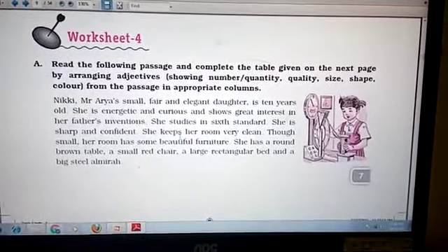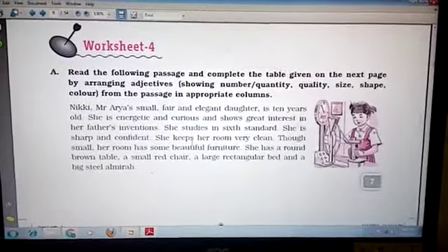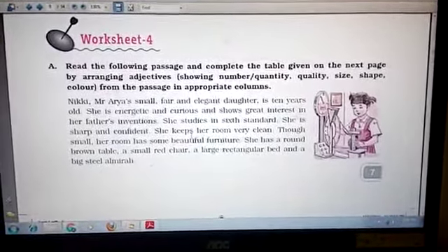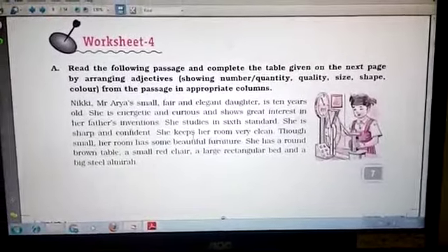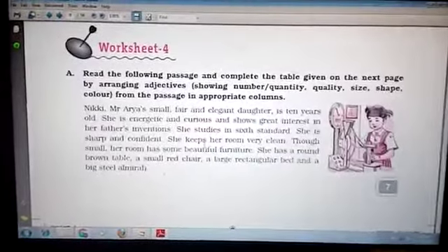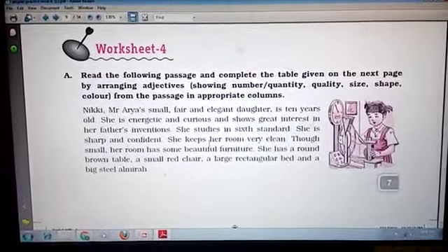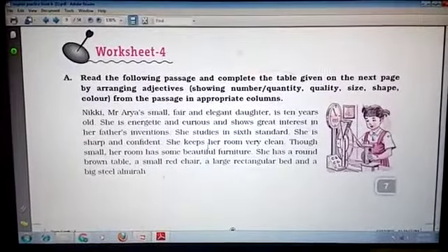We also studied how to convert adjectives into adverbs by adding suffixes. I have already discussed suffix and prefix in the previous class.